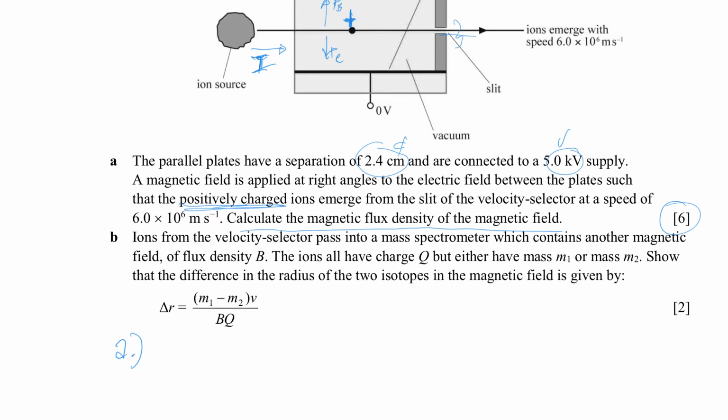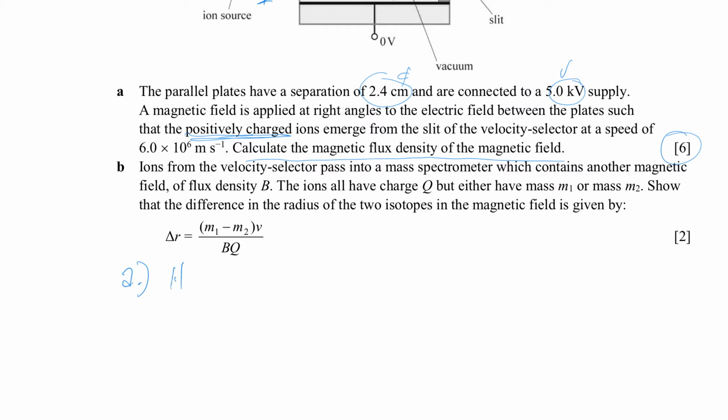Here, you're going to argue that no net force is acting perpendicular. Remember that the direction of the force is perpendicular to the velocity. You will be given 1 mark for this: no net force acting perpendicular to the velocity.